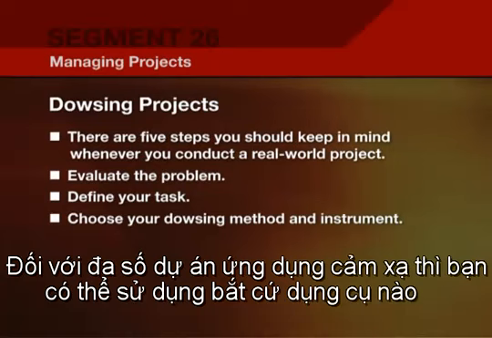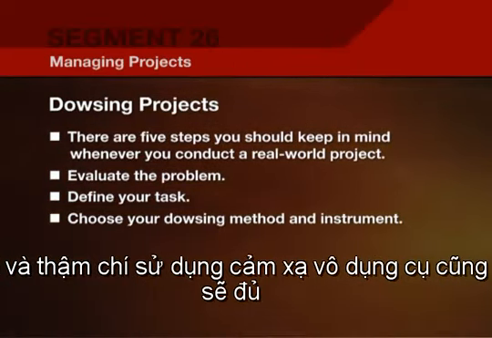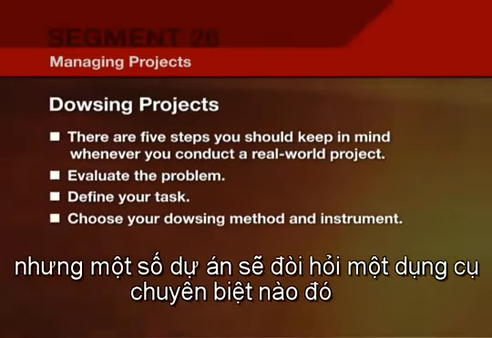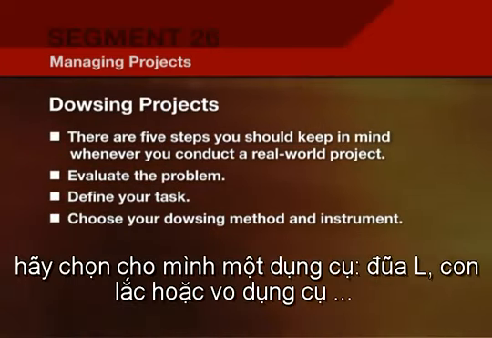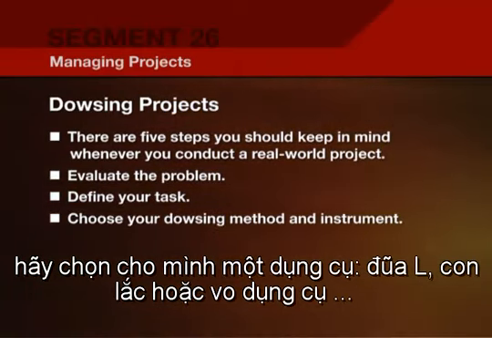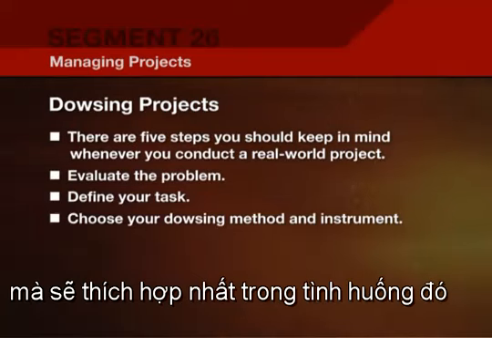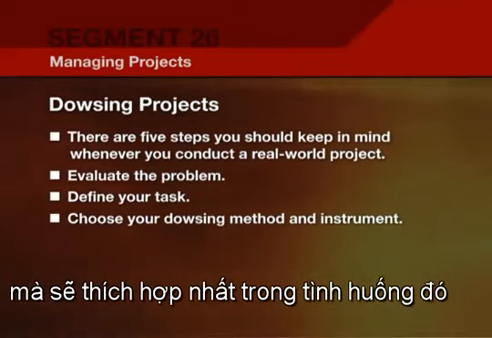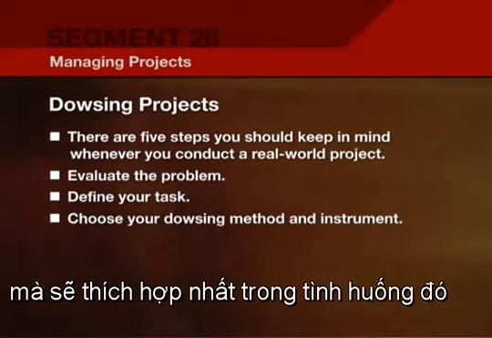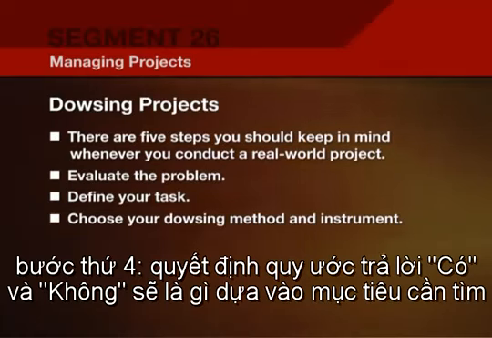For most dowsing projects, any one of the usual tools or the use of deviceless dowsing will suffice, but some projects will require a more specific choice. Ask yourself which tool, L-rods, pendulum, or deviceless, would be the most effective in your situation, or whether it makes a difference at all.